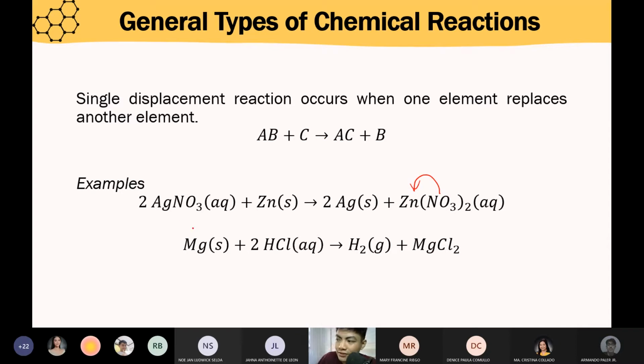So for magnesium and hydrochloric acid, originally the partner of chloride ion is hydronium ion. But after the reaction, we have magnesium. So yan, redox din yan. So that's the single displacement. Your anion swaps out its cation partner. So nakipagpalit siya ng partner.